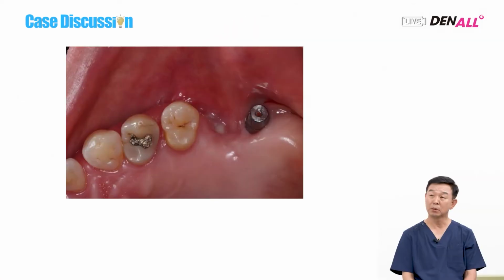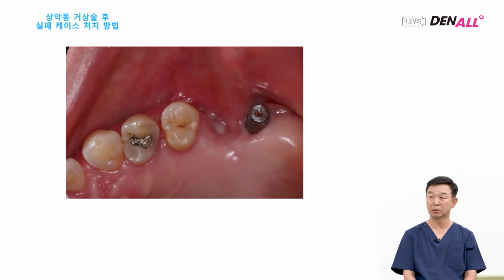If you look at the problems here intraorally, I can see an oral antral fistula at number 26, and over that, suppuration is coming out after the sinus lift with a sinusitis. Oral antral fistula has occurred as a complication. I believe this is a very complicated case.